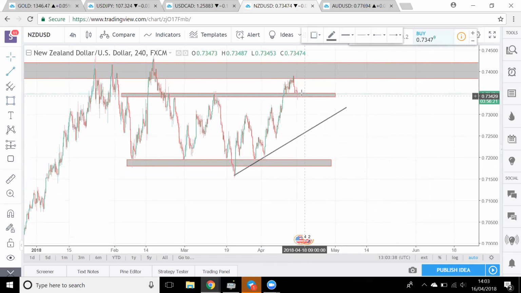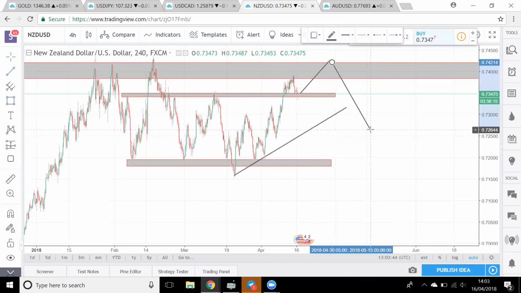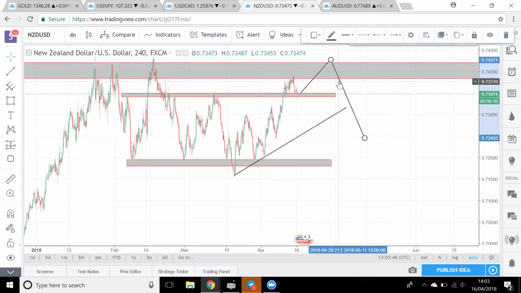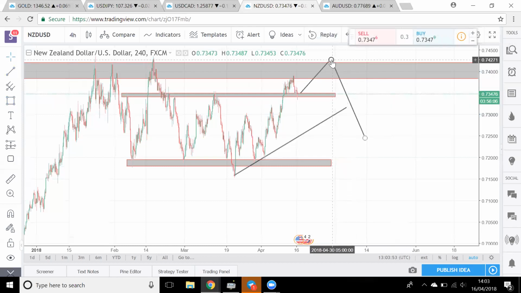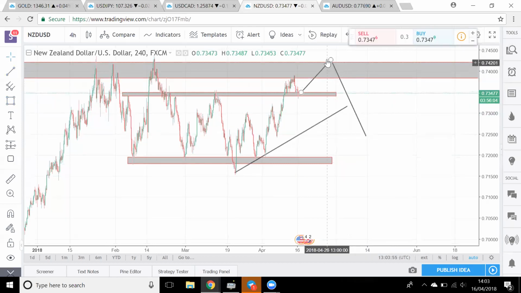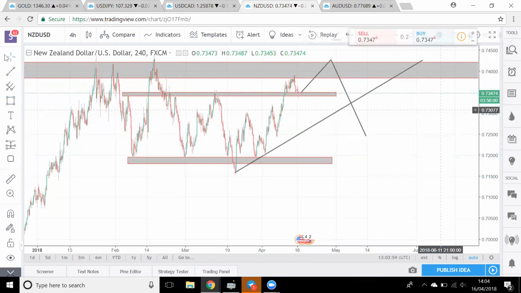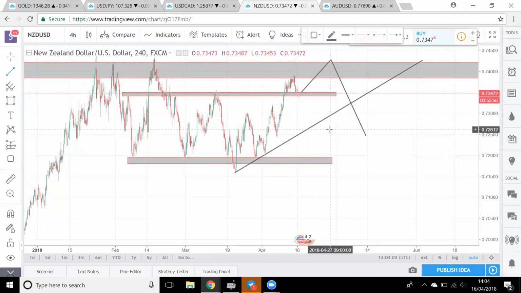Ideally, I'd want to see a bounce of this zone, because then I can take a sell from the top, and we have the smallest risk stop loss, so a very good risk to reward. Take a sell there, and then we drop, and that will be good, because then we can break these zones back. These zones won't be as important, and then we'll just make our way back down.